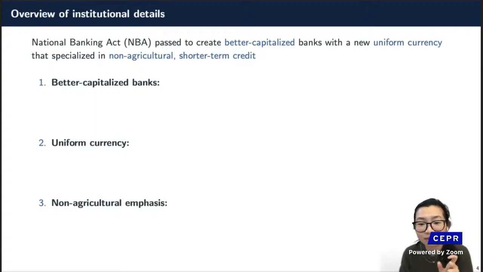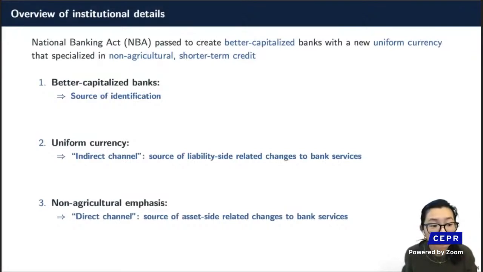Okay, so these three components of the institutional detail lead me to go through each of these one by one. So for the better capitalized banks, we're going to use that as a source of identification. And I'll describe precisely where that comes from. For the uniform currency, this is where we're going to introduce this idea of an indirect channel, where this is the source of the liability side related changes to a bank's services.